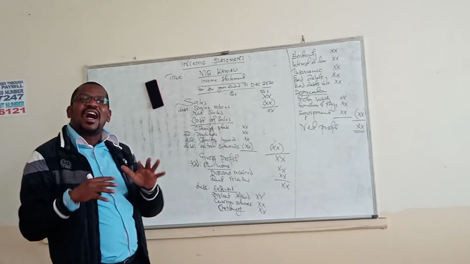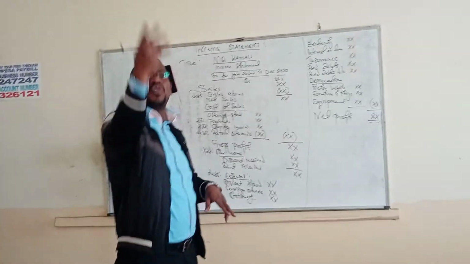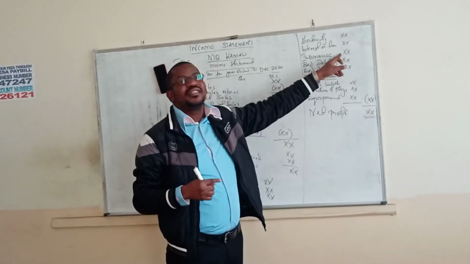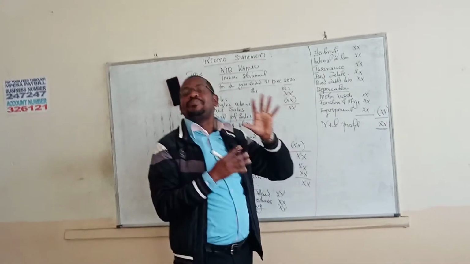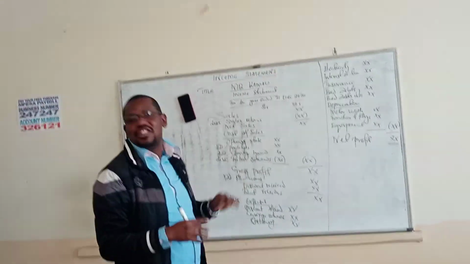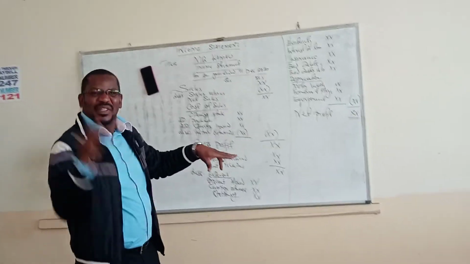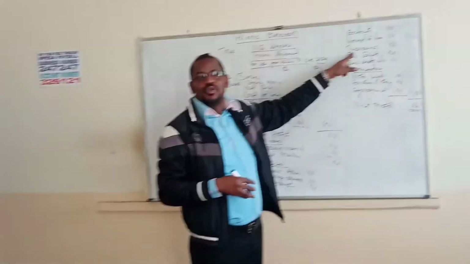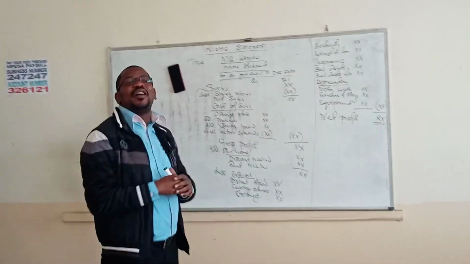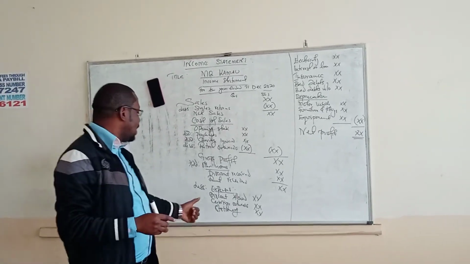If an expense has been prepaid, for instance insurance, we have paid insurance for the year 2021, we need to less the prepaid, because it doesn't concern that accounting period. It's for the next accounting period.